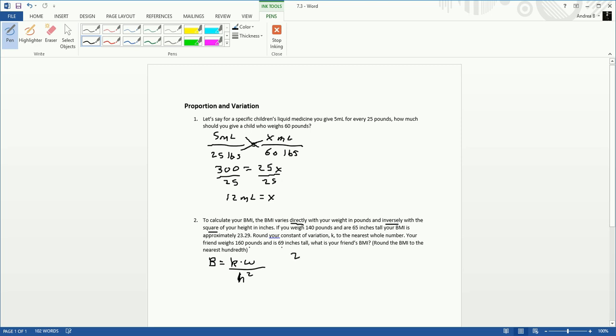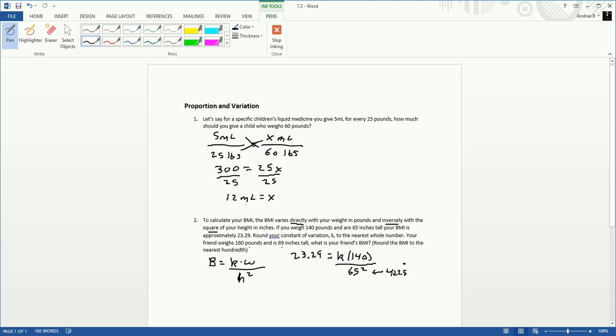So we have 23.29 is equal to our K times the 140 divided by the height, which was 65 inches, squared. And if we do the 65 inches squared, we get 4,225.